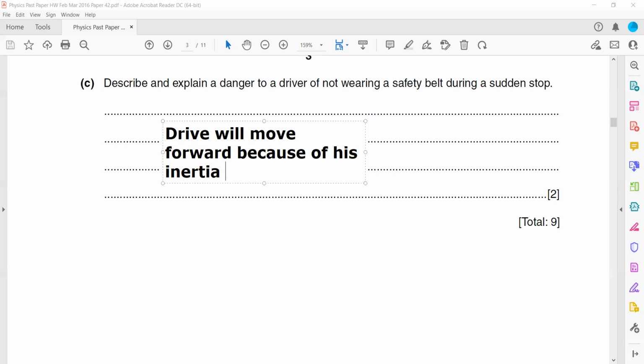When you are sitting inside a car and the car is traveling at 120 kilometers per hour, your speed is also 120 kilometers per hour because you are inside the car. So when you apply the brake, the car stops, but because you are also in a state of motion with the car, you continue to move because of your inertia, and as you move because of inertia, you will hit the windscreen.